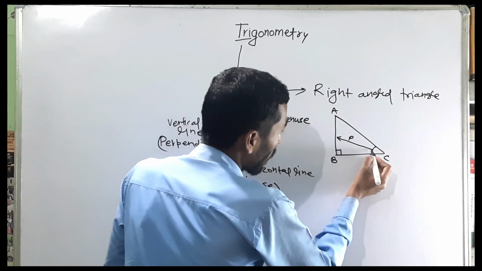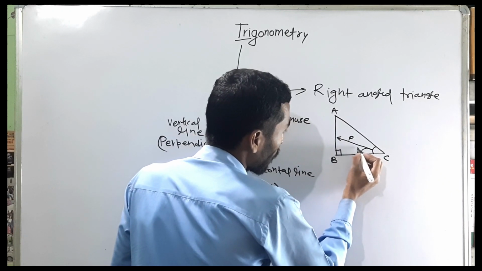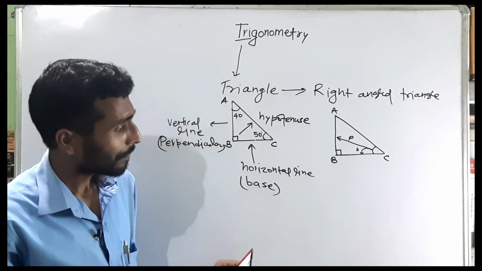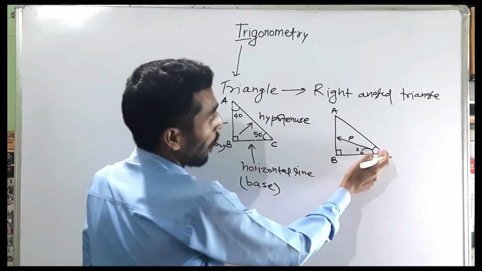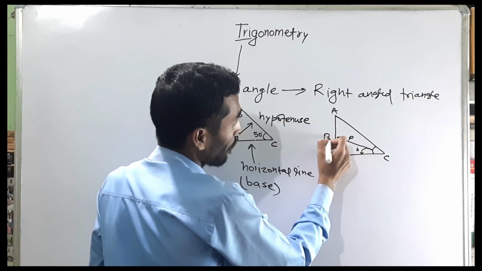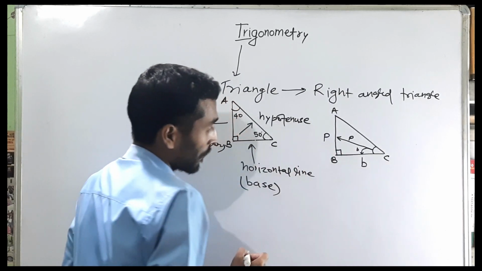And the adjacent side will be base. Got it? For any particular angle, the opposite side is P and the adjacent side is B.